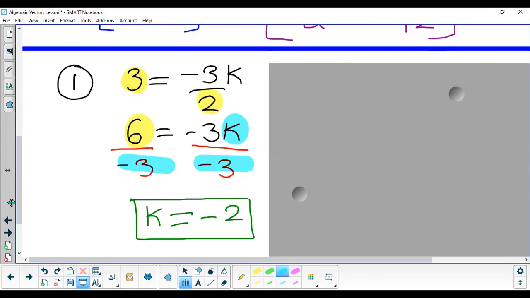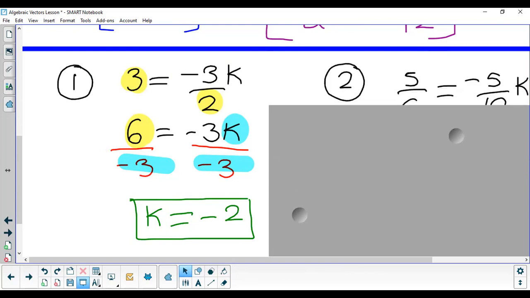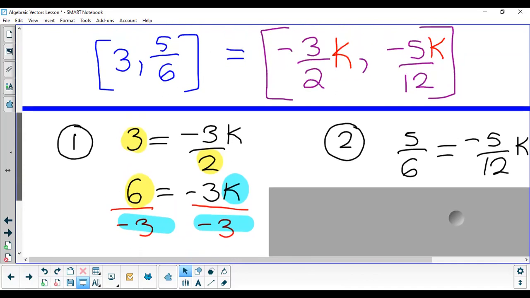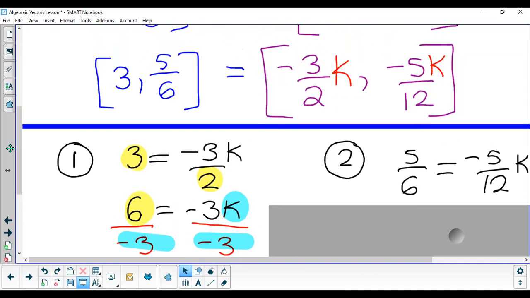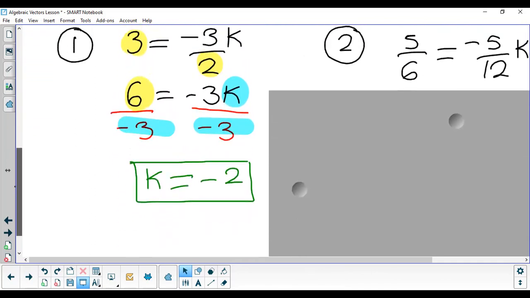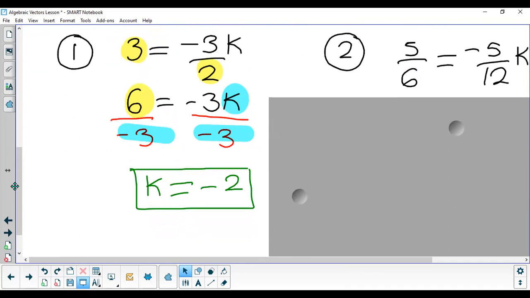If it is, that means that the two vectors are in fact collinear. So again, now I'm going to set the y component of vector u equal to the y component of vector v multiplied by a scale factor of k.